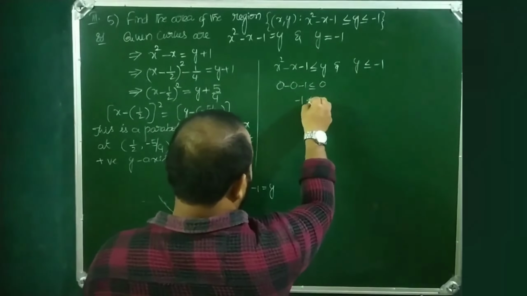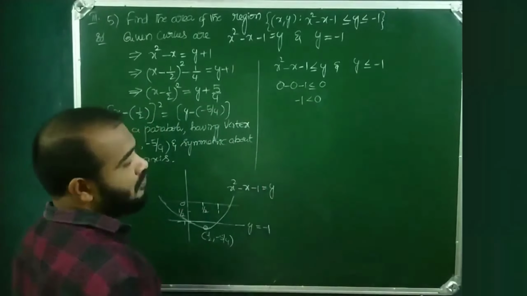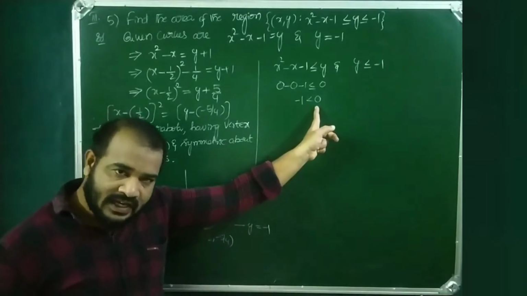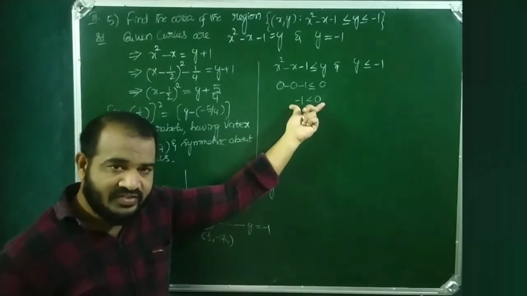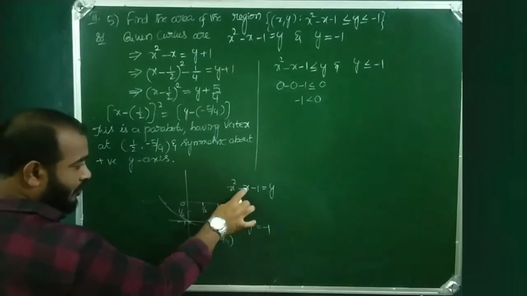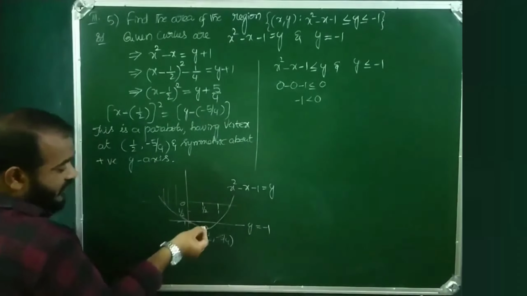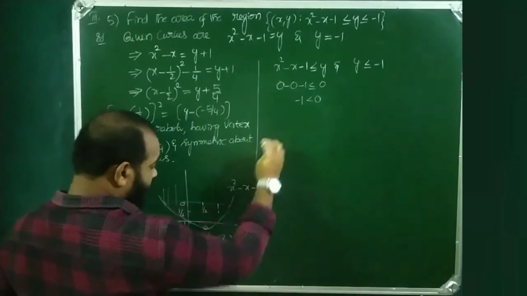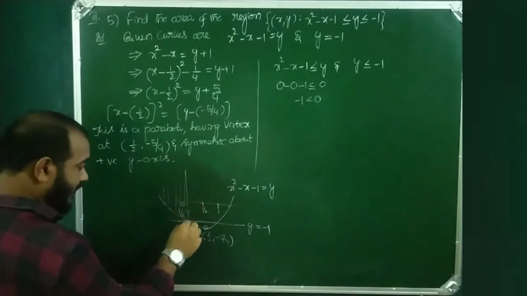So minus 1 less than or equals to 0 means minus 1 less than 0. One of the two conditions must follow. So minus 1 less than 0 means yes, since this inequality holds good, it satisfies this inequality. Therefore, the area of the region bounded by the curve y is equals to x square minus x minus 1 is towards the origin side. Origin side is this. If it is not satisfied, then actually it will come downwards. Therefore, this is the area now.